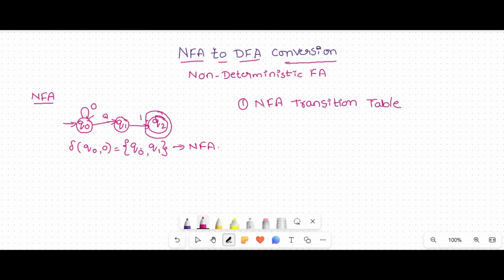I think you know how to represent the transition table: Q and sigma. Sigma is nothing but your input alphabet.